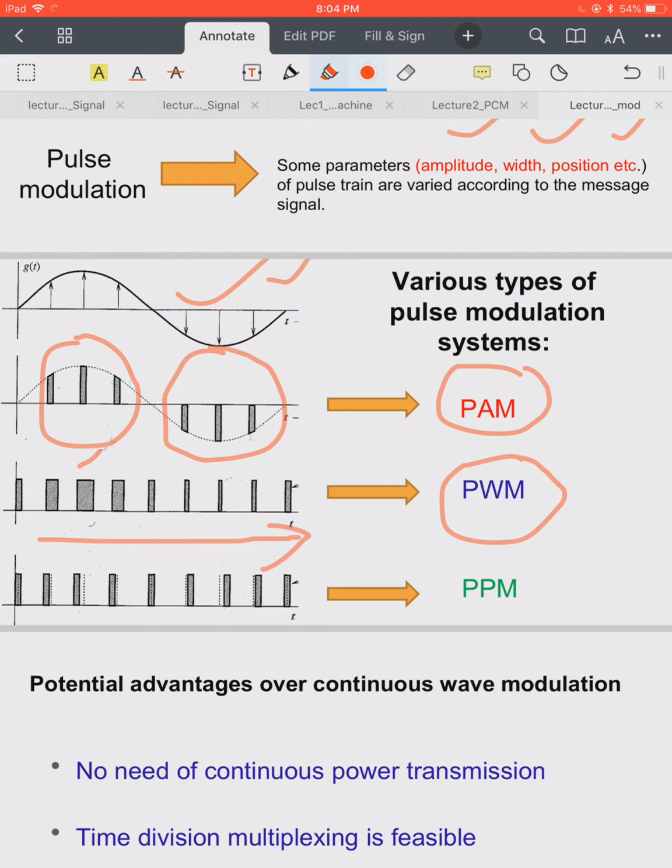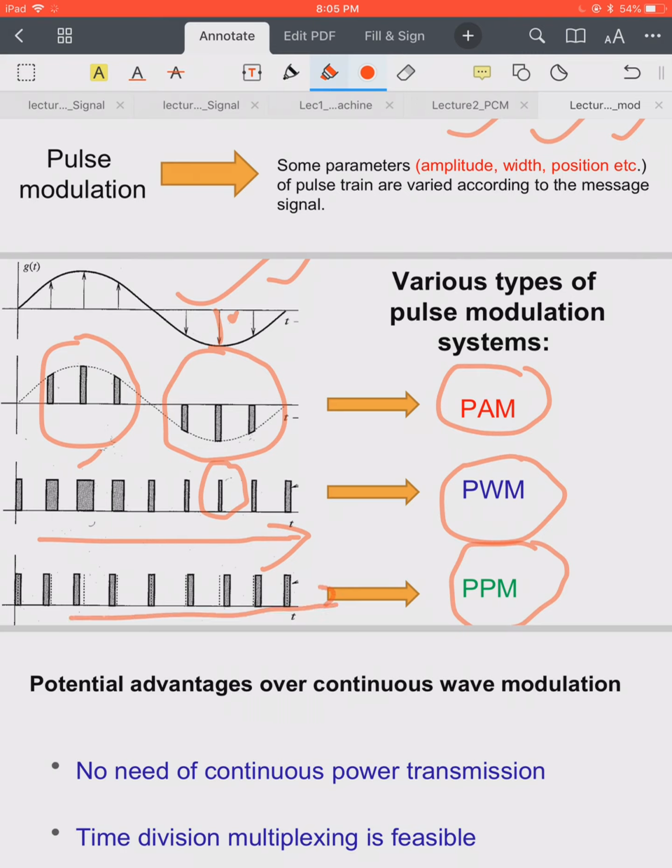When the magnitude is minimum, like the negative one, here you can see the width is minimum. So the width of the pulse train is varied according to the message signal, and at the output we get a pulse width modulated signal. Similarly, we can generate a pulse position modulated signal.